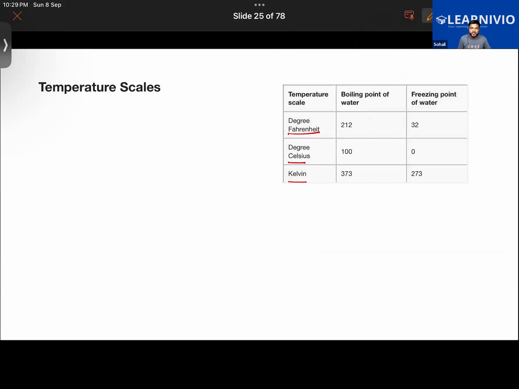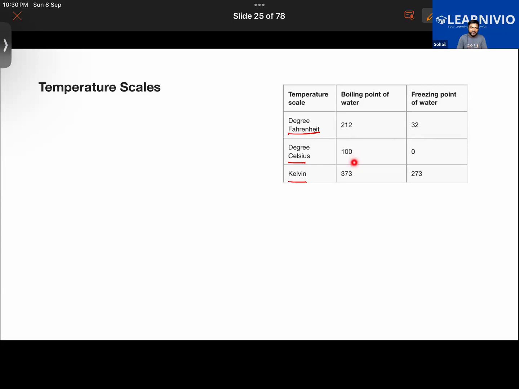The boiling point of water on the Celsius scale is 100 degrees Celsius, and the freezing point of water is 0 degrees Celsius. 100 degrees Celsius will be equivalent to 212 degrees Fahrenheit on the Fahrenheit scale. And the freezing point, 0 degrees Celsius, will be equivalent to 32 degrees Fahrenheit.